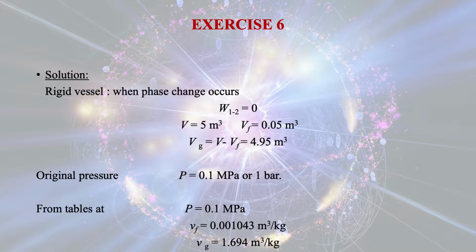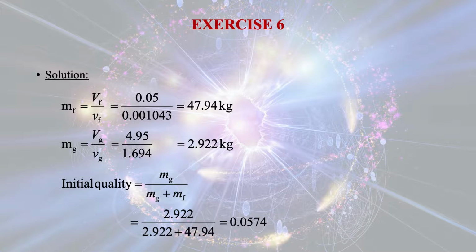Now let us see how we can proceed for this problem. So mf, that is the mass of water, is Vf by small vf, which comes out to be 47.94 kg, and mg, that is the mass of vapor, is Vg by small vg, which comes out to be 2.922 kg. So the initial quality is equal to mg divided by mg plus mf.